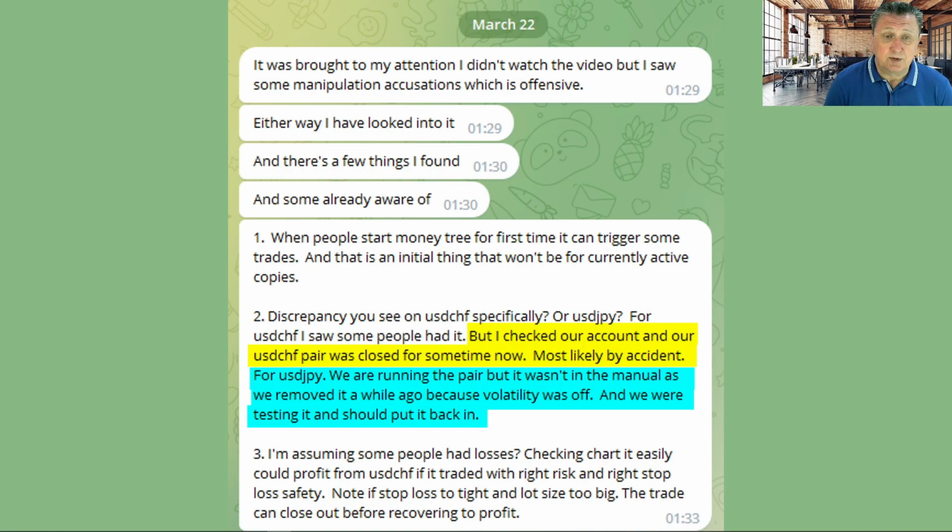On top of this, we obviously also asked them again, the US Japanese, where did that come from? And they mentioned in here that they are running the pair, but it wasn't in the manual as they removed it a while ago because volatility was off and they were testing it, and should put it back in.